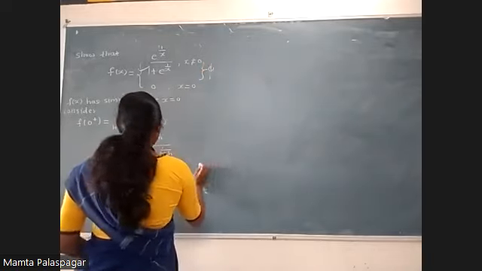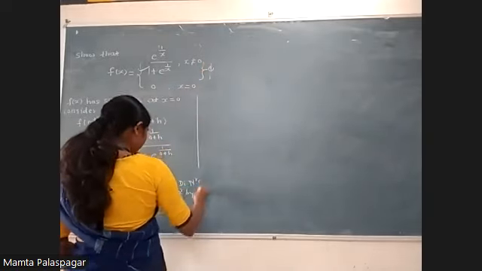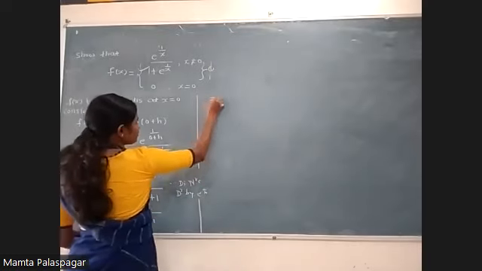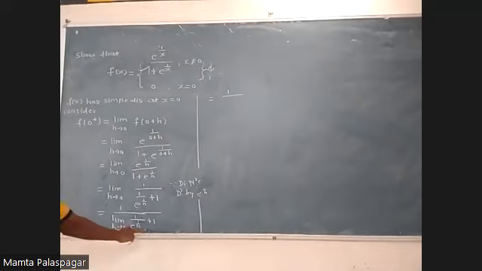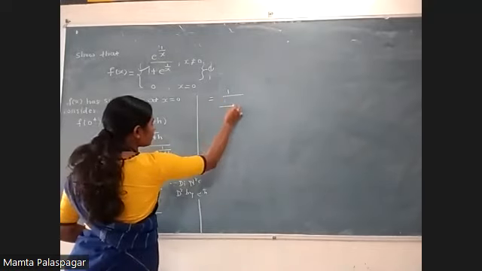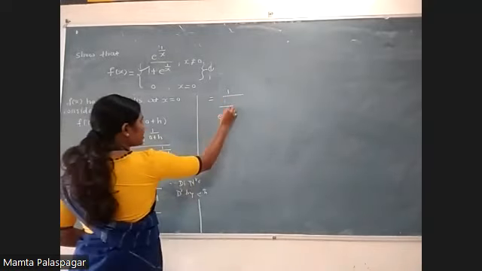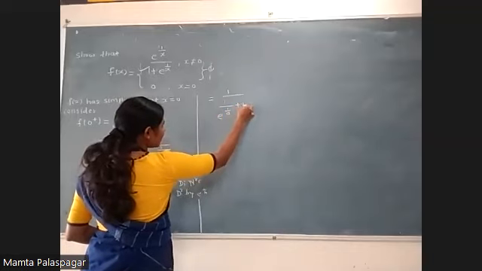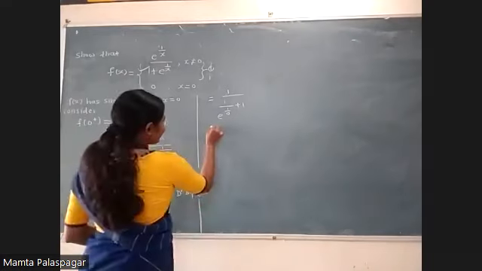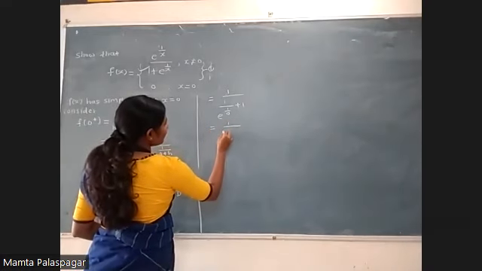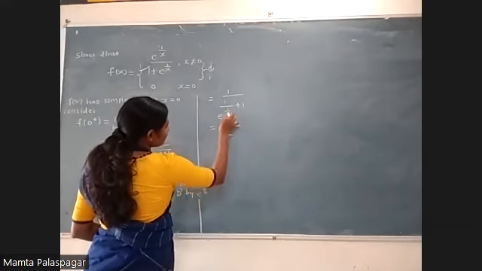In the next step we get 1 upon, after applying this limit h tending to 0, 1 upon e to the power 1 upon 0 plus 1. Okay, now let's see, which is equal to 1 upon e to the power 1 upon 0.